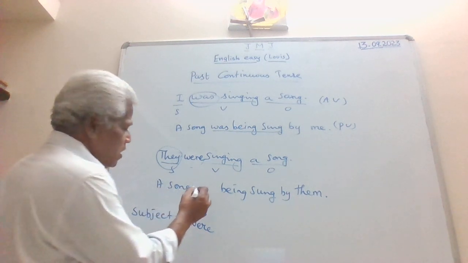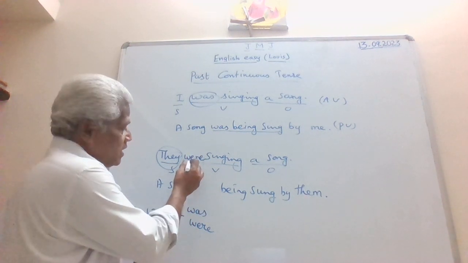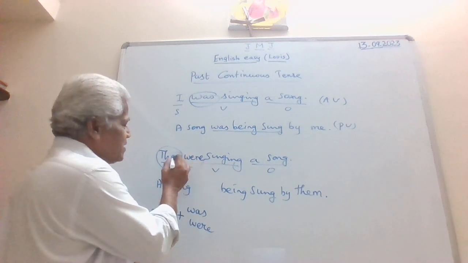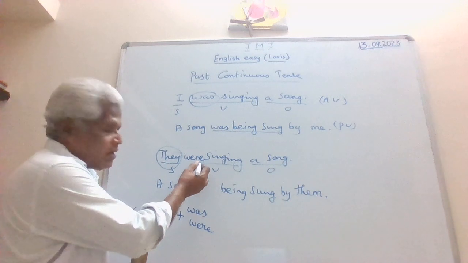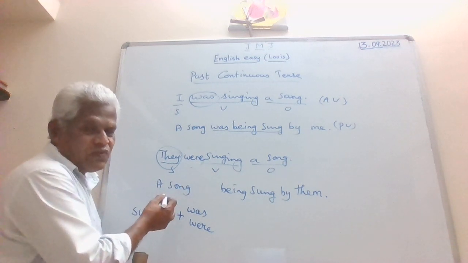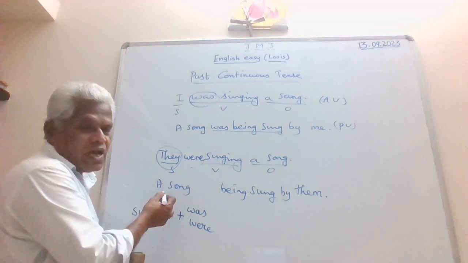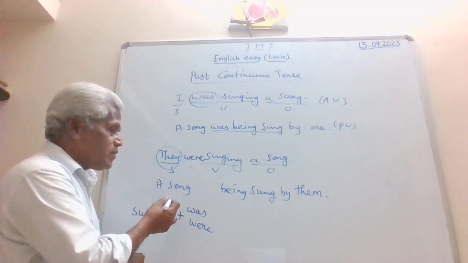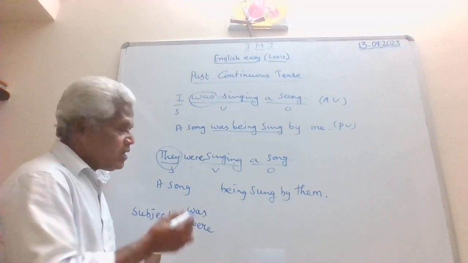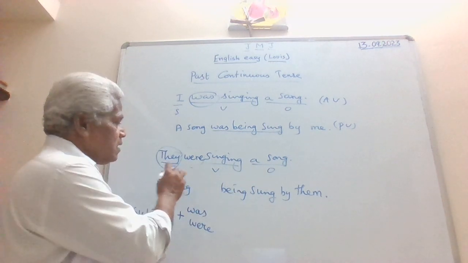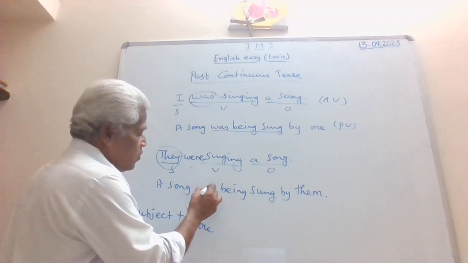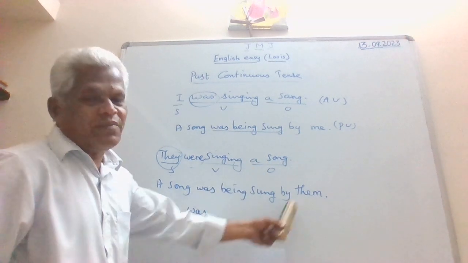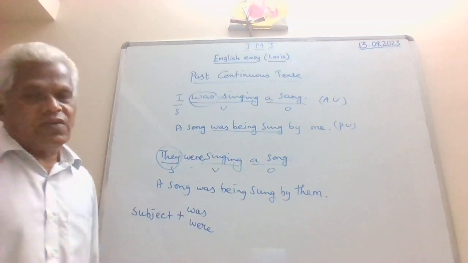Of course, here they were singing. Your subject is plural here, so it is written as were here. But when it comes to the passivation for the same sentence, a song has become the third person singular as a subject. So therefore, how would you write the passivation? They were singing a song. Here, a song was being sung by them. See, past continuous tense.